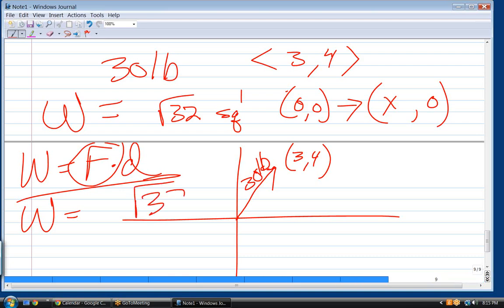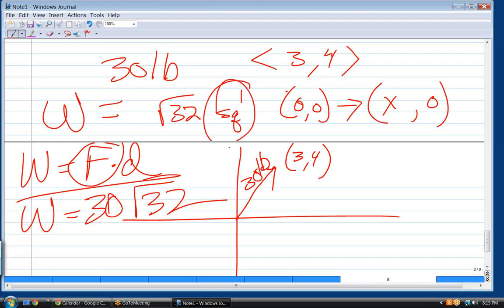Would x equal square root of 32 then? No, I'm trying to plug into this formula here. What is your question? What is the work done? Okay, so the force is 30 pounds. So if I plug in 30 for force and square root of 32 for distance, did you say square feet?